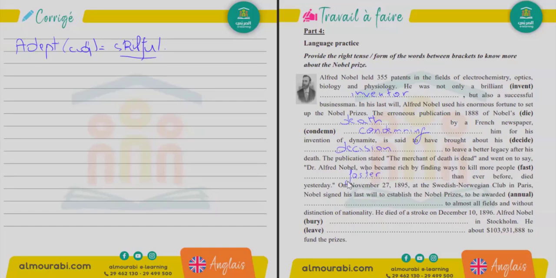To kill more people faster than ever before. With a short adjective you add -er to make the comparative form.